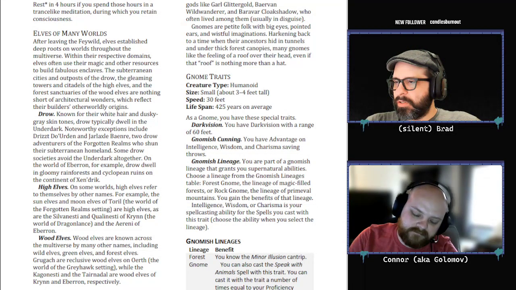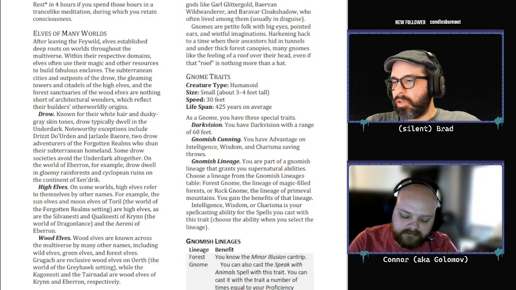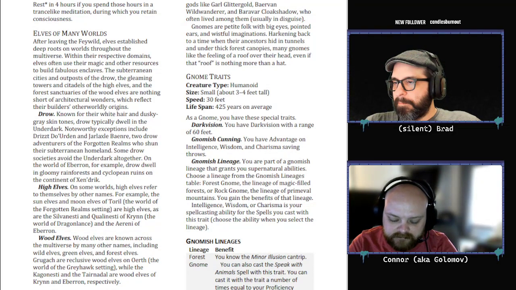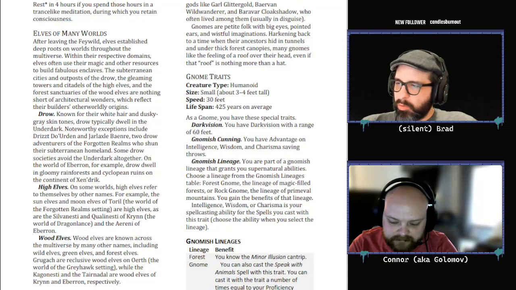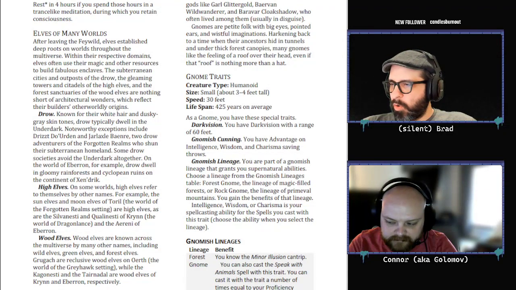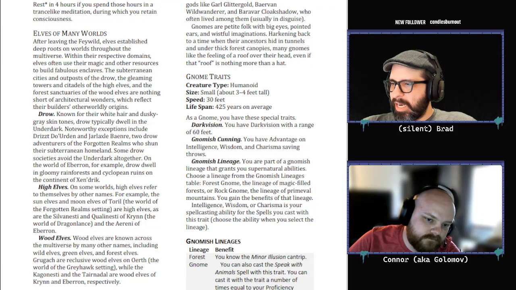High elves refer to themselves as sun and moon elves in Toril, Silvanesti or Qualinesti on Krynn, and Aranai on Eberron. Wood elves also have multiple names: Wild, Green, Forest, Grugach, Kagonesti, and Tarandal.